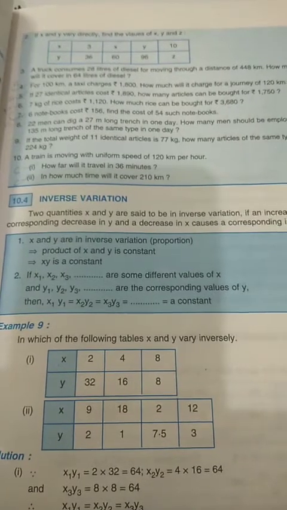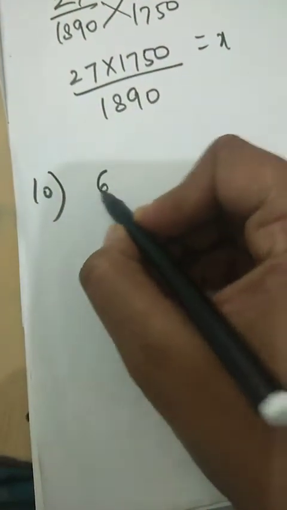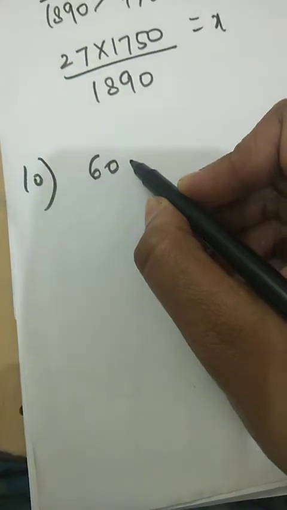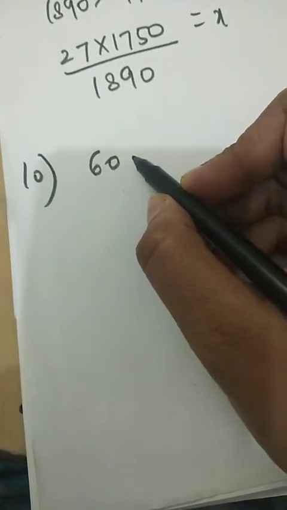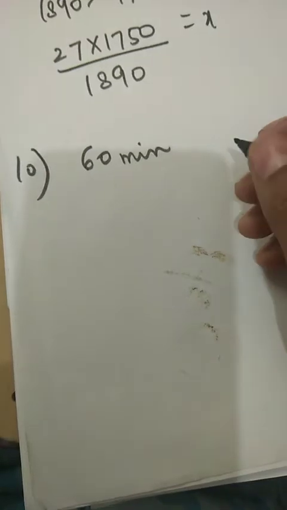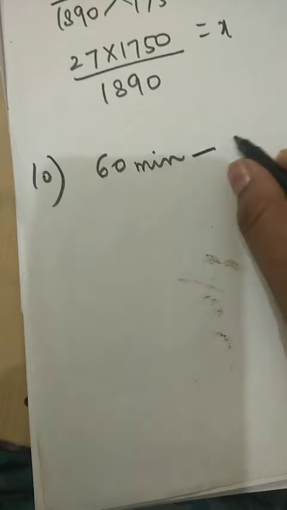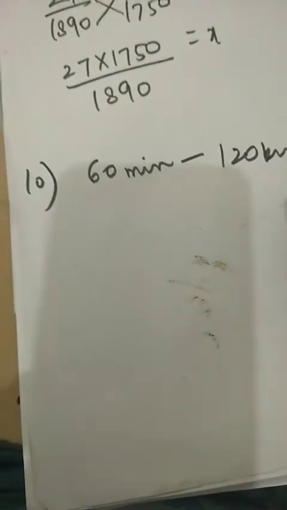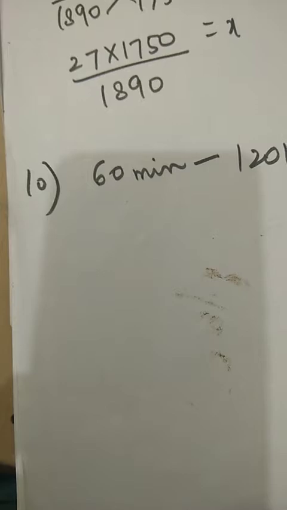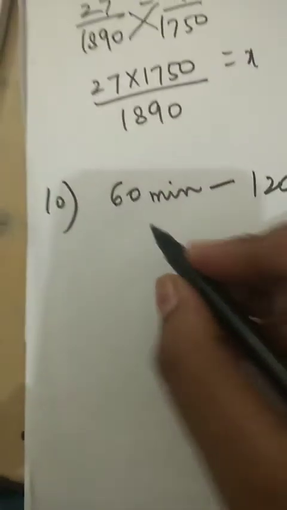So per hour means for 60 minutes, that is 1 hour. 1 hour has 60 minutes in it, so for 60 minutes it is going 120 kilometers. So how far will it go in 36?